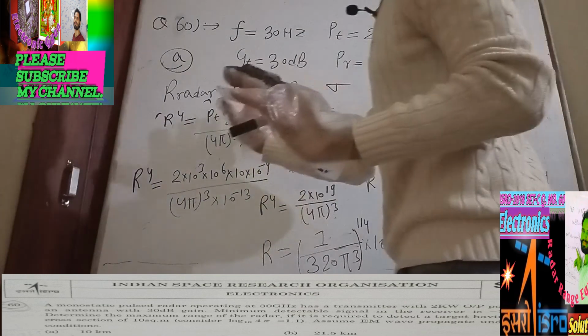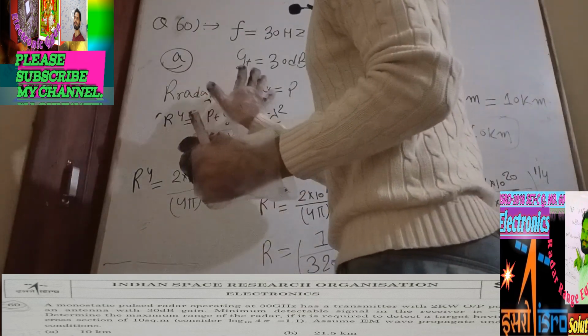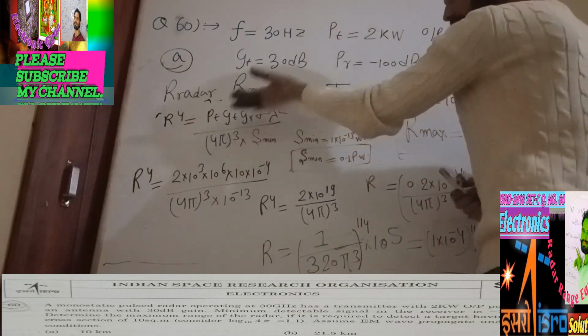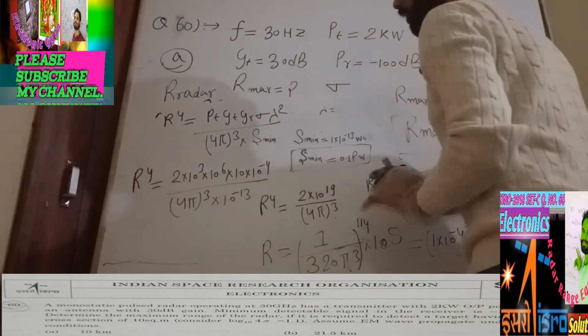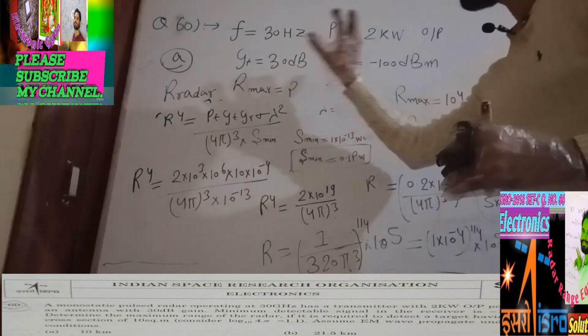So this is all about the radar range equation. We have seen the whole derivation for the radar range equation, from transmitting power to receiving power. How is the power transmitted?